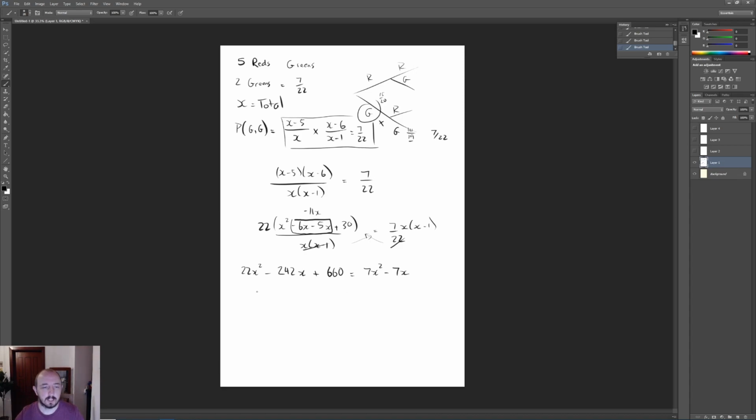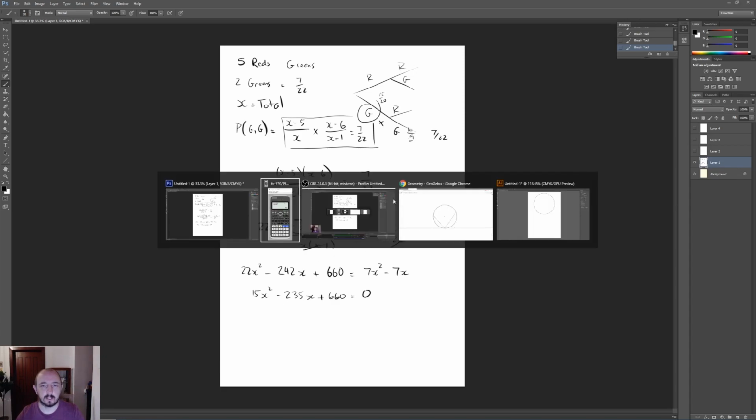So we can rearrange this to get 15x squared. If I take 7x squared from both sides, and I'm going to add 7x to both sides to get minus 235x plus 660 equals 0. So that's the final quadratic equation when we've rearranged these.